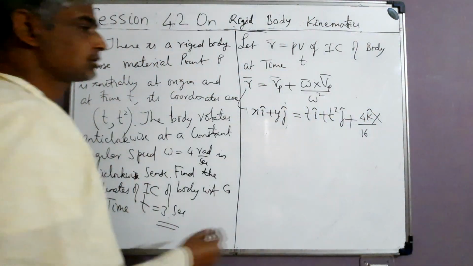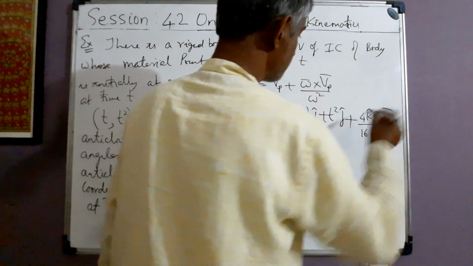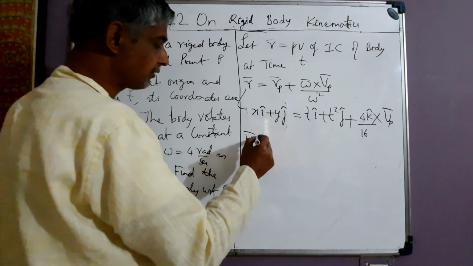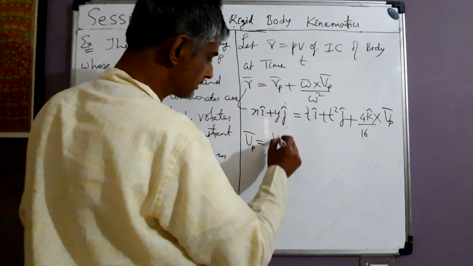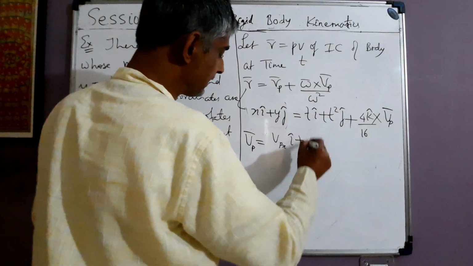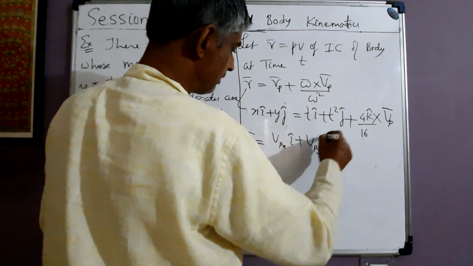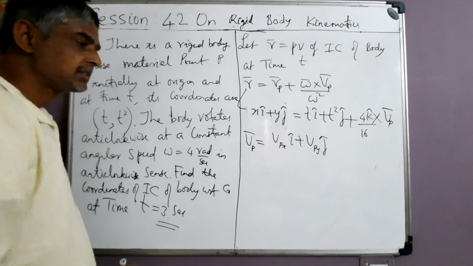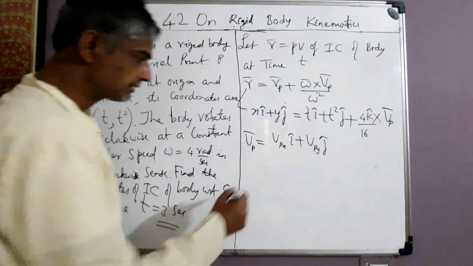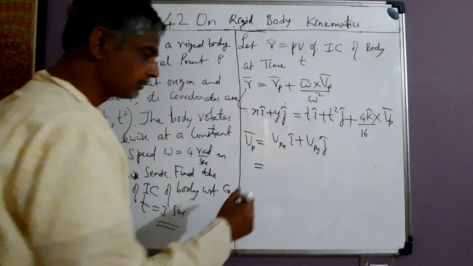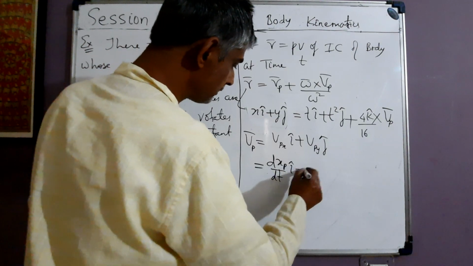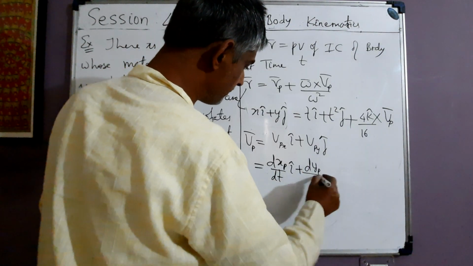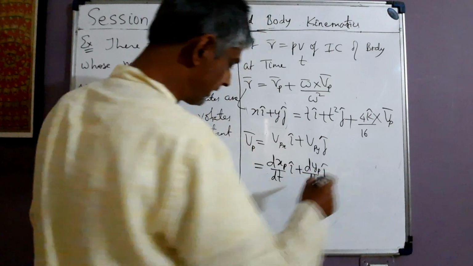Now Vp you have to determine. Vp is the velocity of point P at time t in i j notation, so that is written as Vpx i hat plus Vpy j hat. Vp becomes dxp by dt i hat plus dyp by dt j hat.